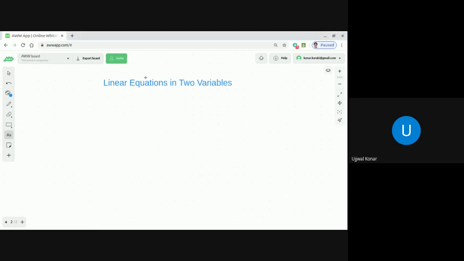Suppose I write an equation something like x plus 7 is equal to 0. And you know how to find a solution to this equation? It's quite simple. From here you can write x is equal to minus 7. And this is known as the linear equation in one variable.